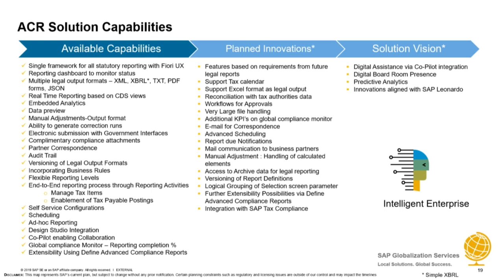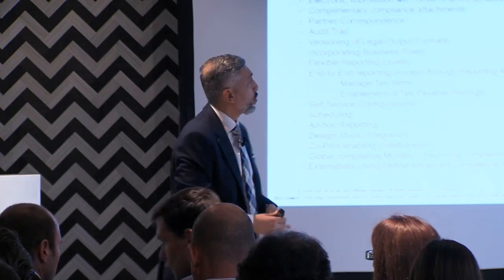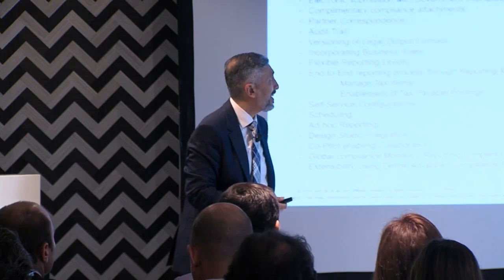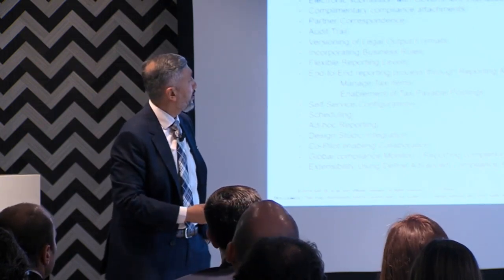Based on the actual runs that happened in the past, we can help you with what we call trend analysis. So if your tax declaration shows growth, then maybe we can tell you the expectation for the next run to happen this way as well. All of these are just examples of the planned innovation for ACR.